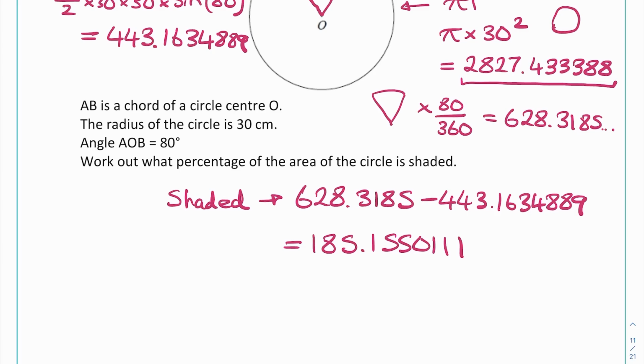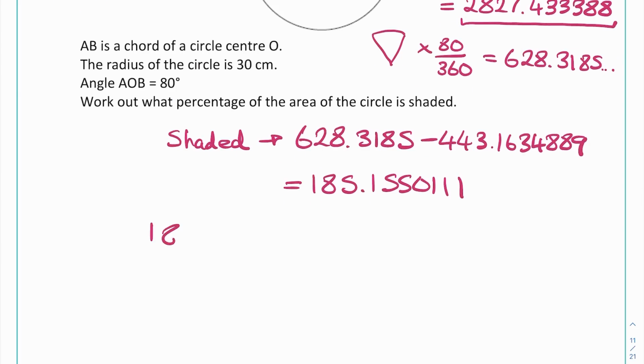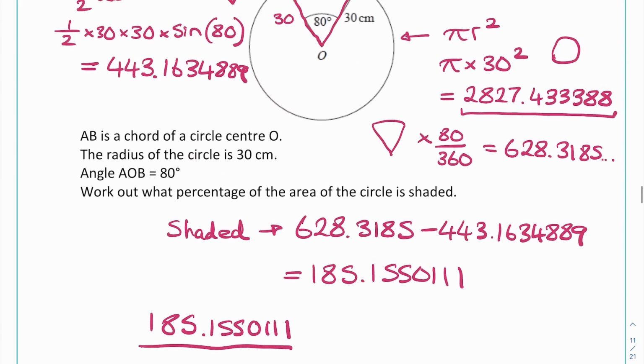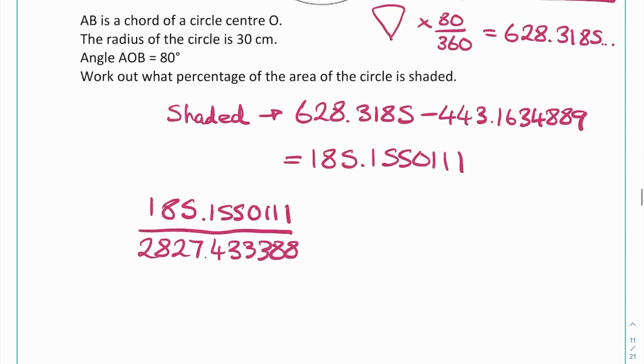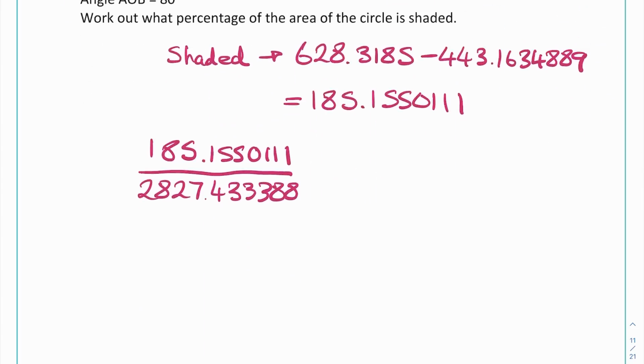Well, as a fraction, the amount that's shaded is 185.1550111 out of the area of the circle. And the area of the circle we wrote down up here, 2,827, and the rest of those decimals. So that's out of 2,827.4333888. And when we type that in as a fraction, that will give us the decimal version.